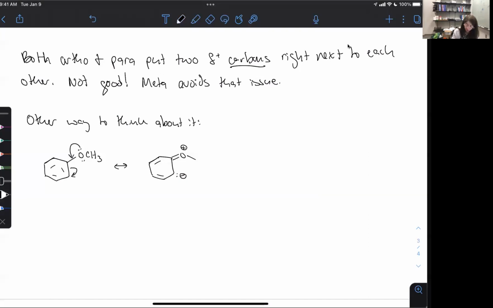Okay, so I can put a negative charge here in the ortho position. I can also put it in the para position. And we can loop around to the other ortho position and see it there.